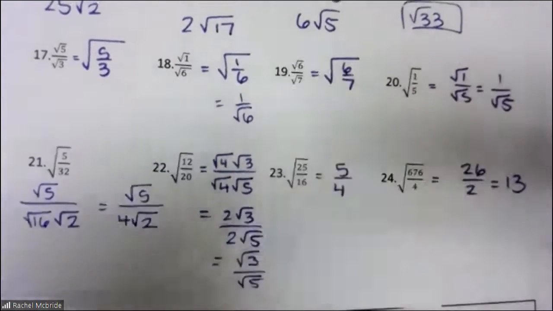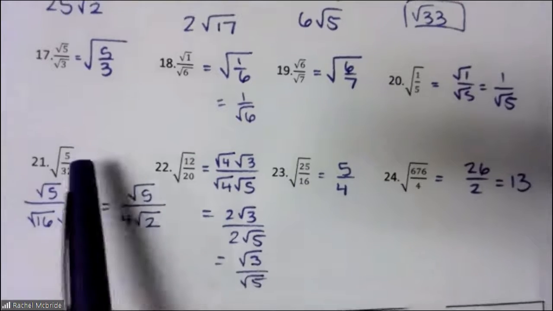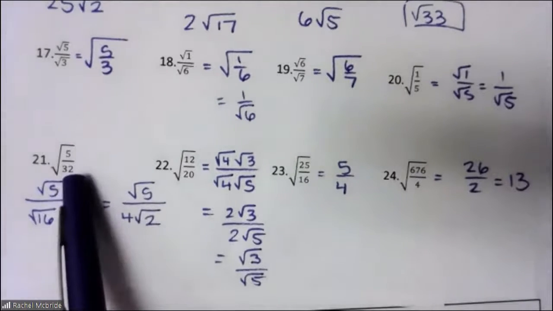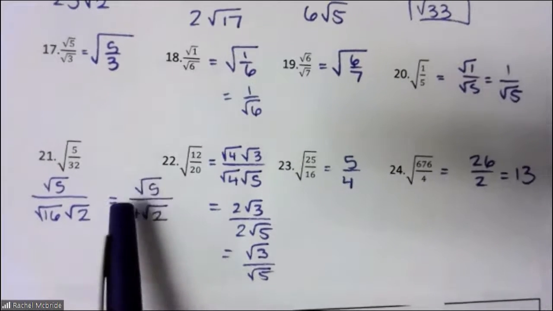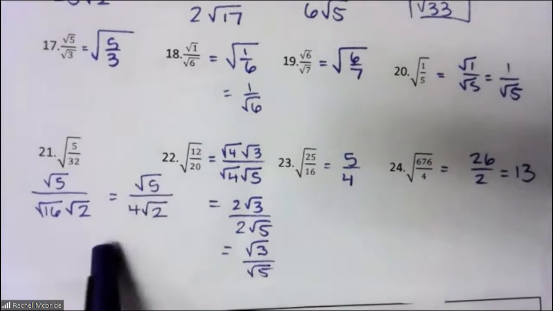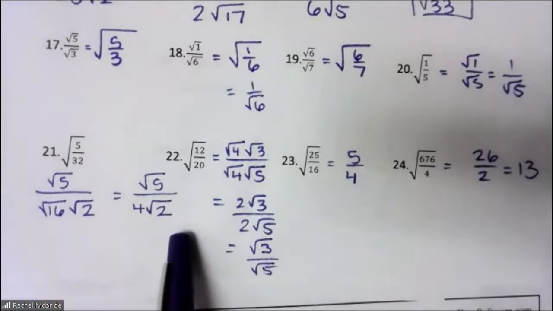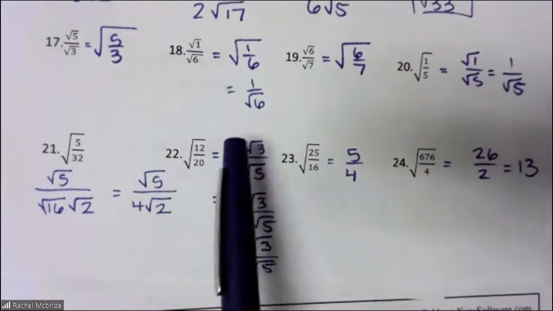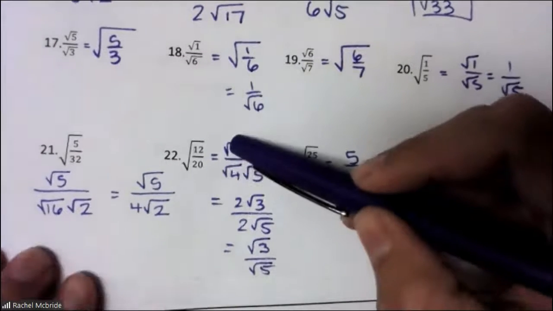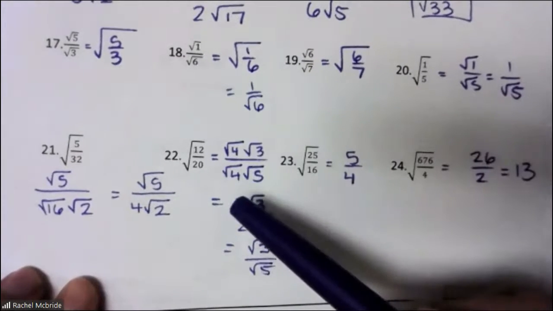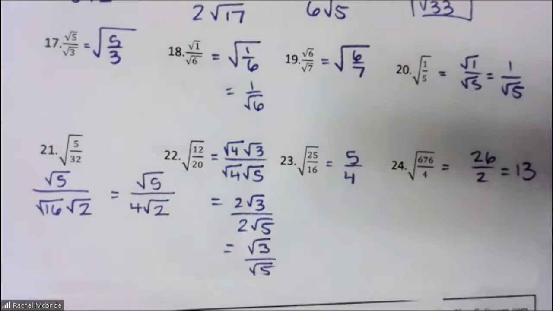Okay, and then 21, you looked at the top and bottom separately. You broke 32 into 16 and 2. And you got 5 over square root of 5 over 4 square roots of 2. 22, again, you broke your top and bottom down evenly. You could have canceled these. You could write them as 2 over 2 and then cancel them.